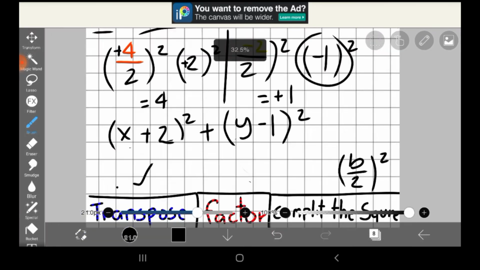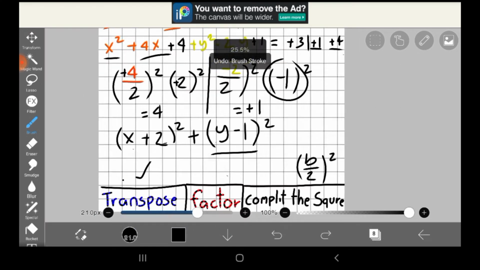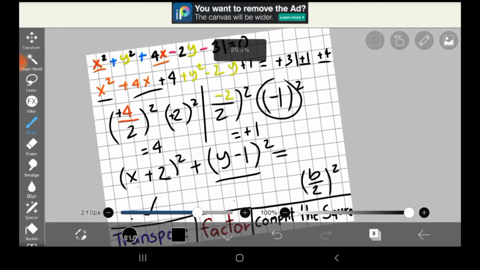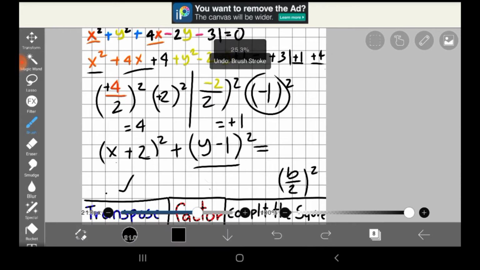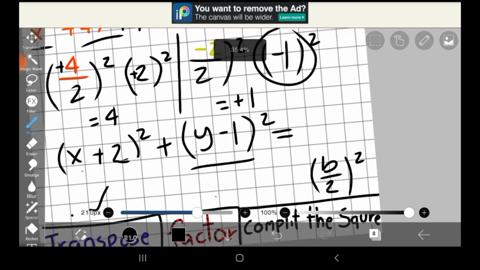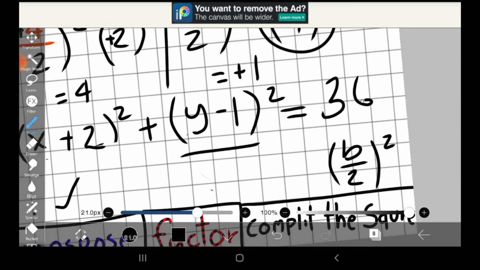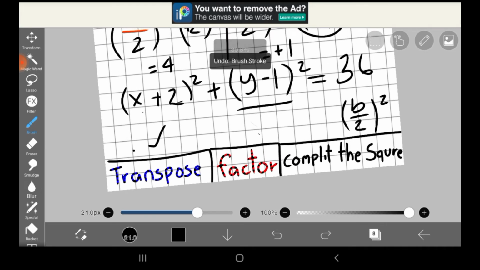So if we solve this one using FOIL method, we will get this answer. Then we combine all the constants on the right side. So 4 plus 1 is 5, plus 31 is 36. And that's how we get the constant. We use transpose and complete the square.